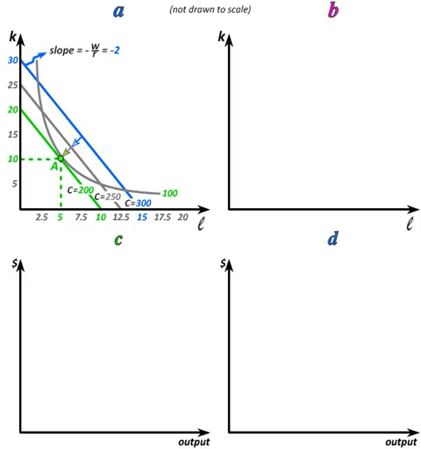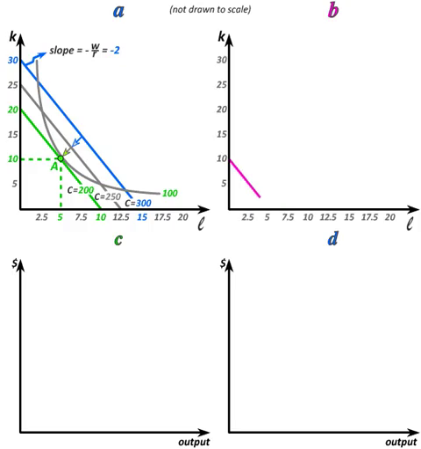That smallest budget is the isocost labeled C equal to 200. In other words, he can produce 100 units of output by spending $200 along the green isocost at the production plan A, where he uses 5 units of labor and 10 units of capital to produce the 100 units of output.